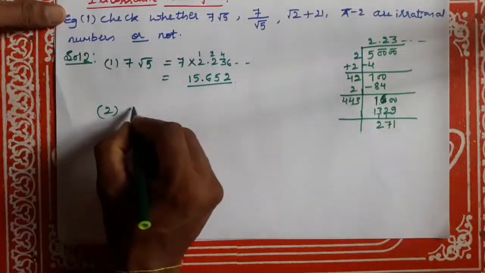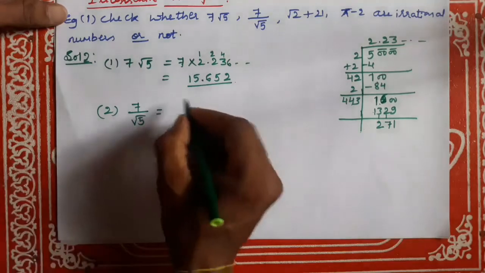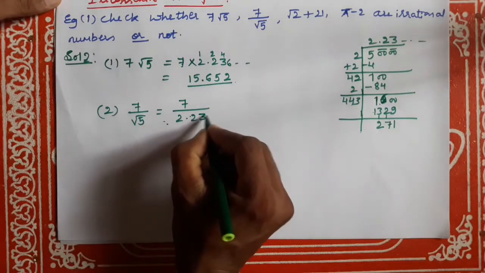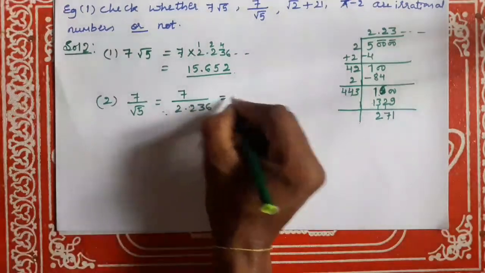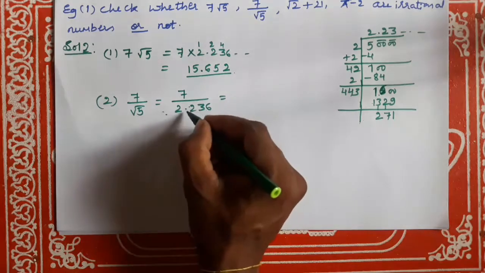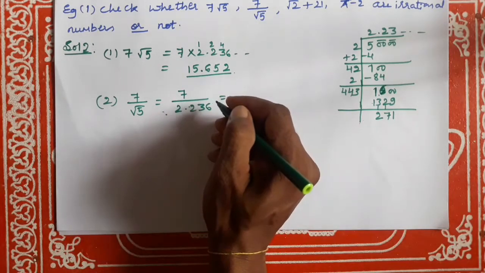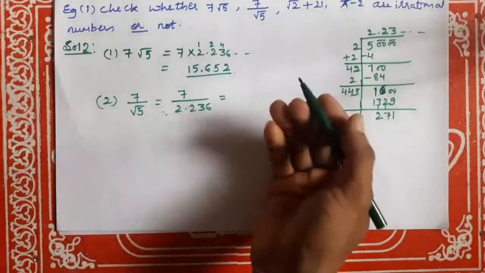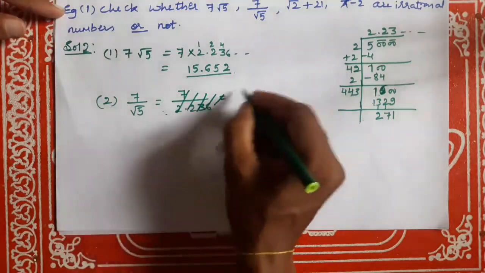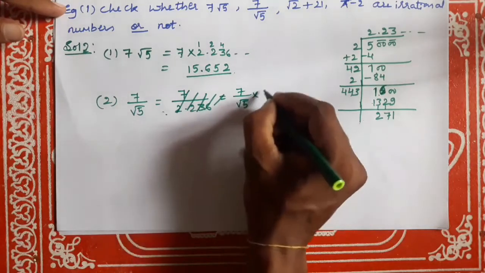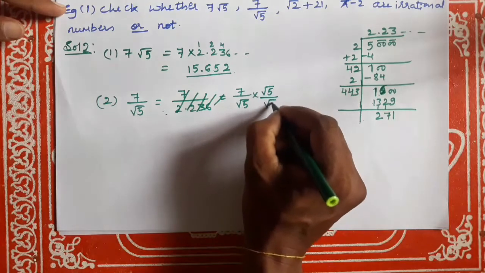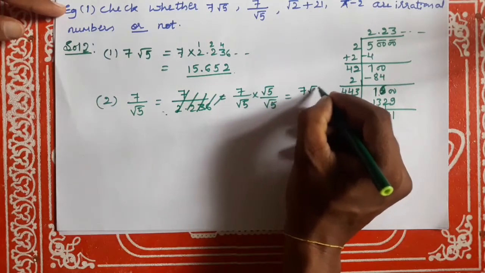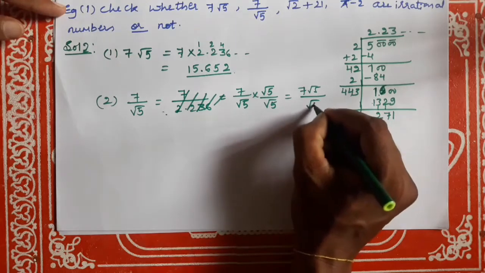The second question is 7 by root 5, which is 7 divided by root 5, where the value of root 5 is 2.236. Or we can rationalize the denominator, that is, multiply and divide by root 5. 7 by root 5 into root 5 by root 5 is equal to 7 root 5 divided by root 5 whole square.